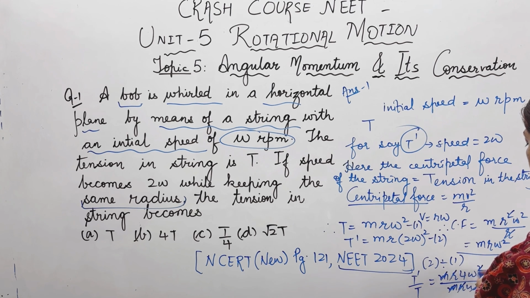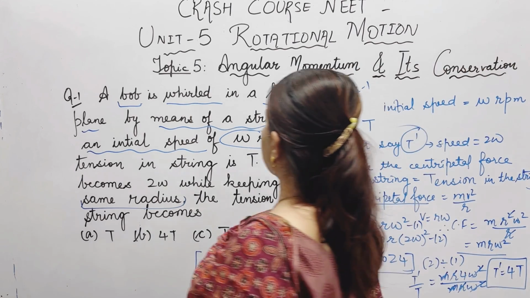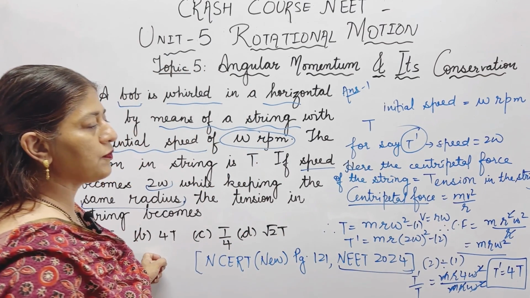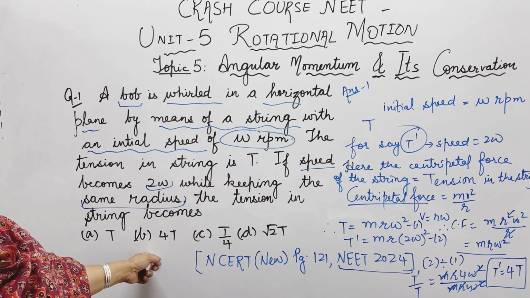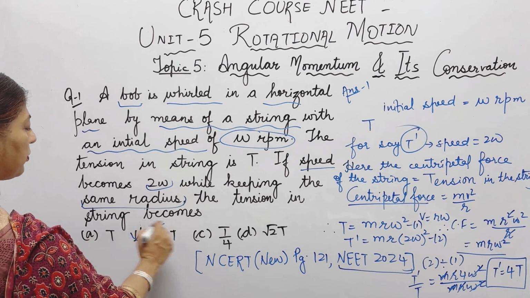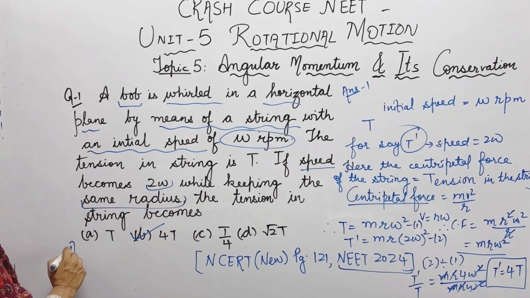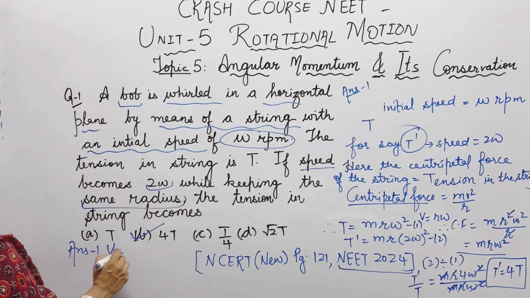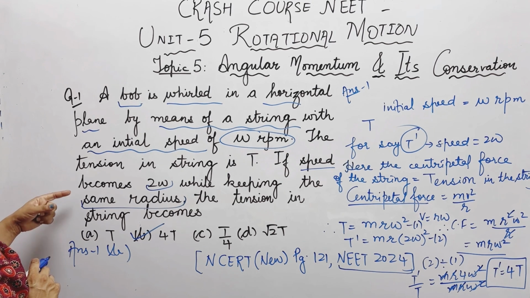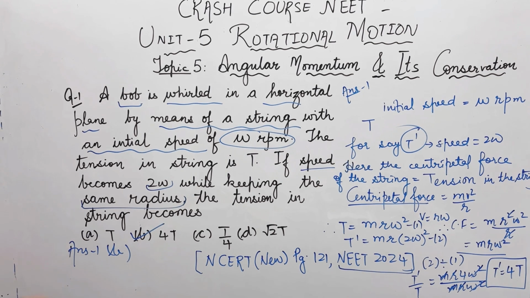So these cancel out, and T dash is equal to 4 times T. This means when the speed has become 2 omega, the tension in the string becomes 4 times the initial tension. So our result goes with option B, and the answer for the first is option B. 4 times the tension will be there in the string if the speed becomes 2 omega.